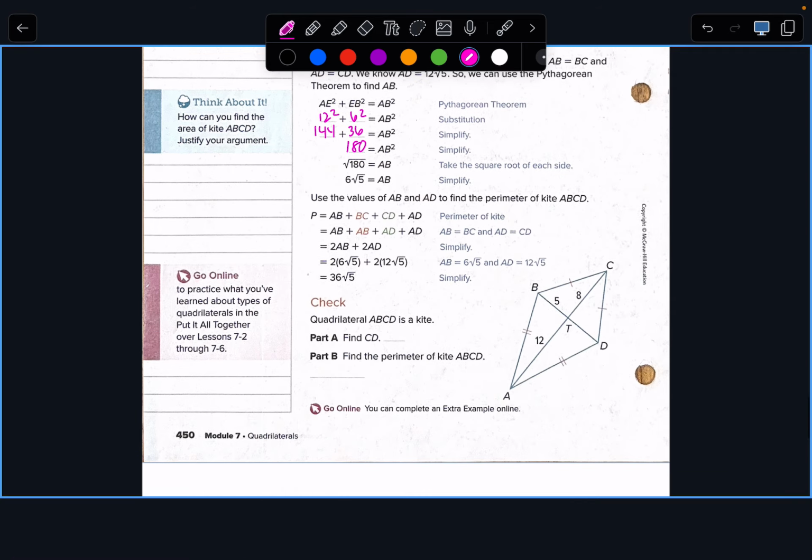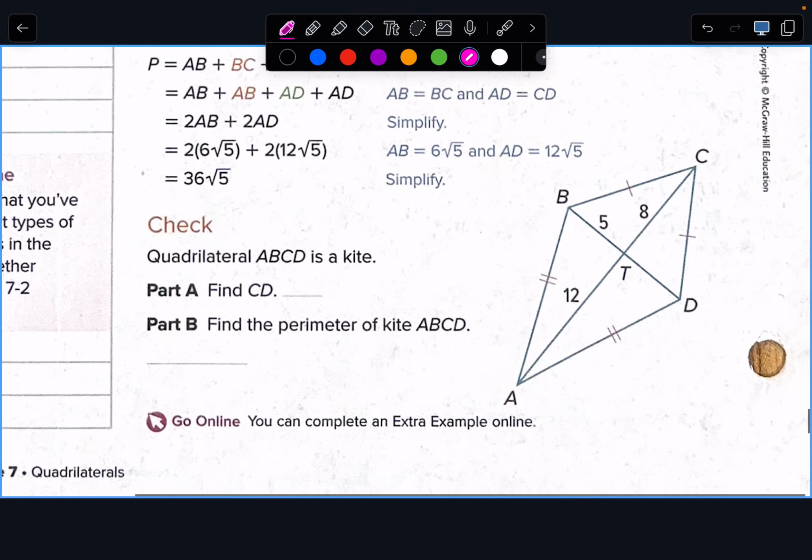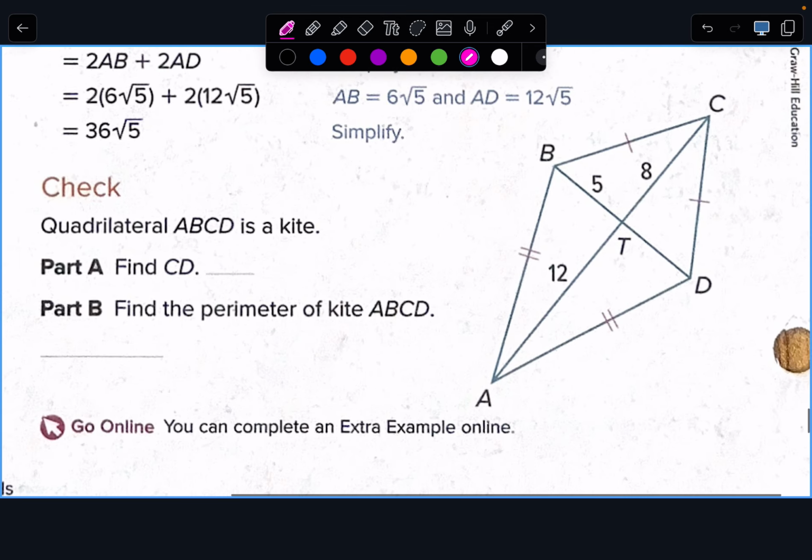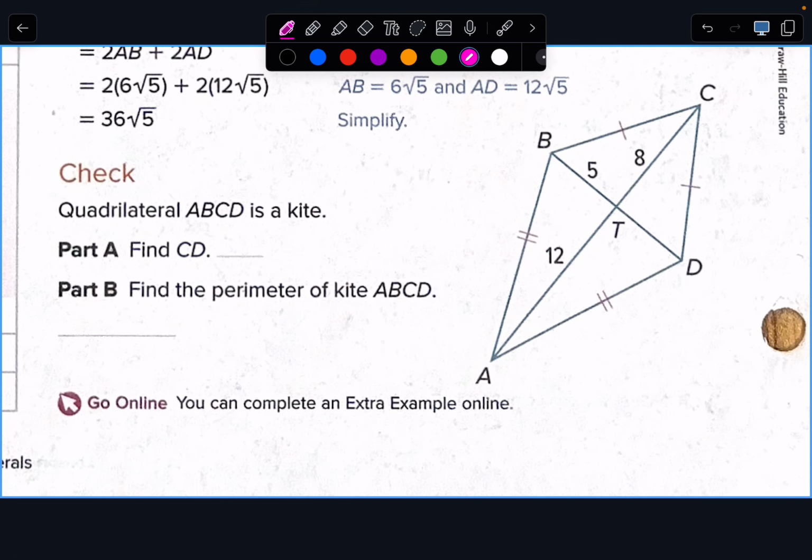Okay, now we are going to find the perimeter of this guy right here. So what do you want to find first? The 1 dash or the 2 dashes? Let's do the 2 dashes. It's going to be an easier one.